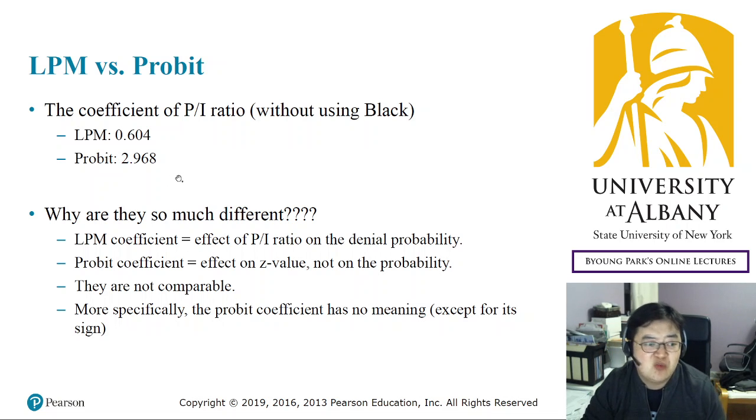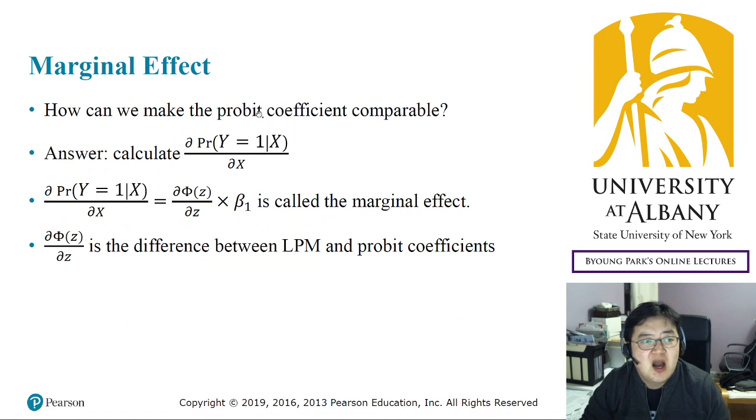However, how can we make them comparable? We would like to make the probit coefficient comparable to the linear probability model's coefficient, and the answer is to also calculate the effect on the probability. The score z value is not a common object. It does not exist.